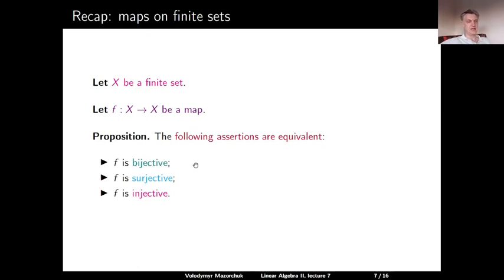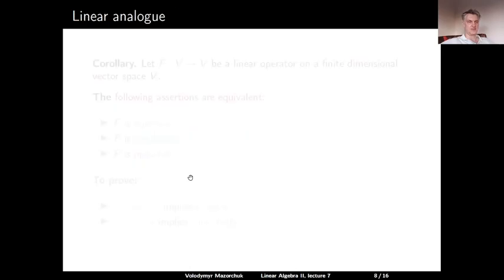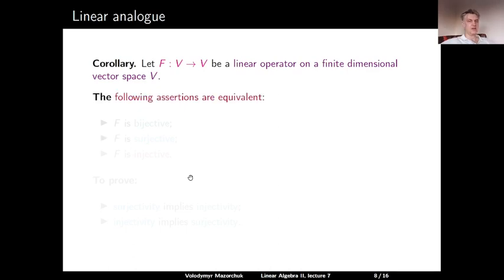And the next application of the properties of kernel and image is a proposition which gives us a generalization of this proposition for linear operators on finite dimensional vector spaces. So here is a linear analog. The corollary from the rank nullity theorem: let F be a linear operator on a finite dimensional vector space V. Then the following assertions are equivalent.